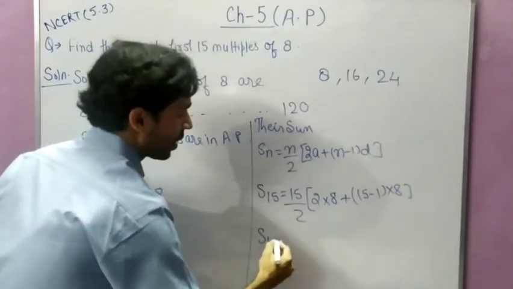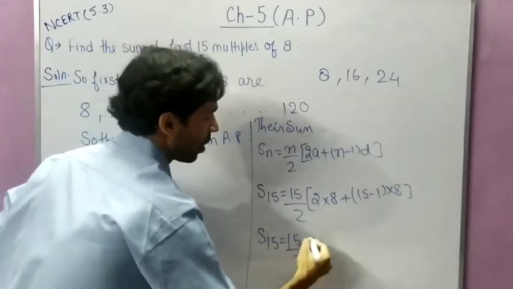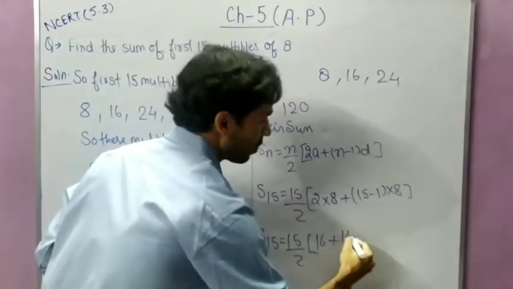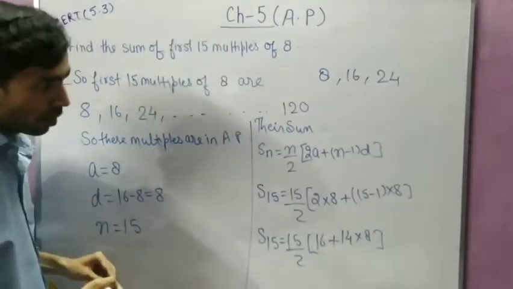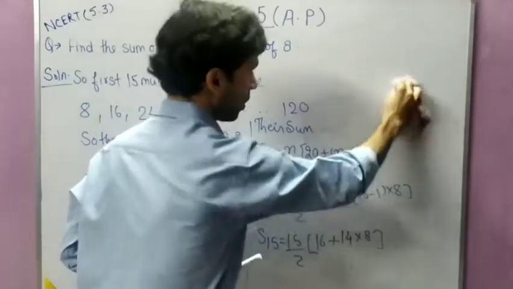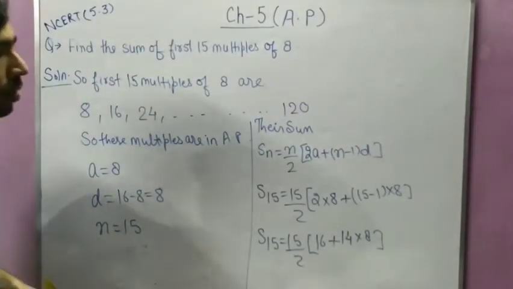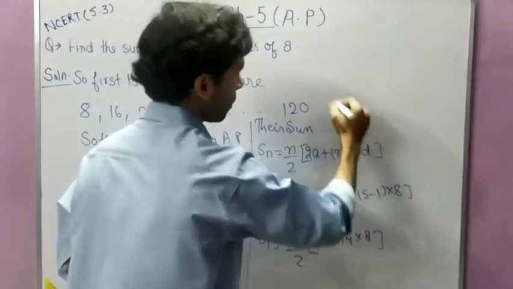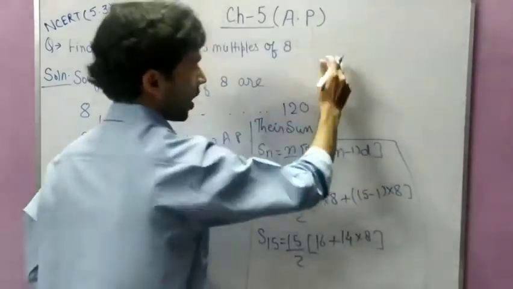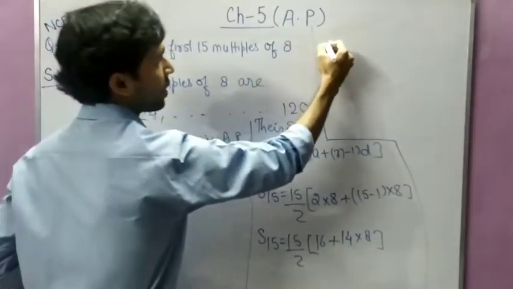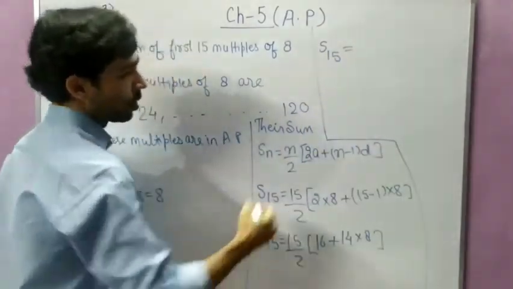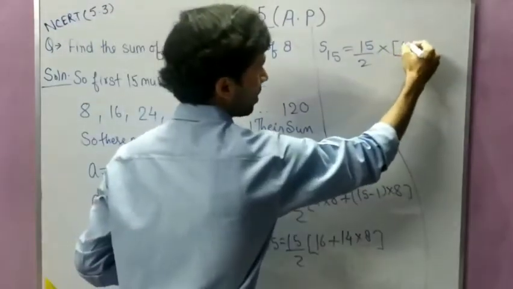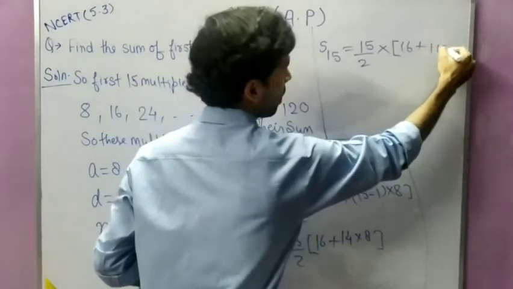Now S15 is equal to 15 by 2 in bracket, 8 2s are 16, plus 15 minus 1, that is 14, into 8. Okay, I hope this is clear to you. Now I am solving here. S15 is equal to 15 by 2 into, in bracket, 16 plus 14 8s are 112.